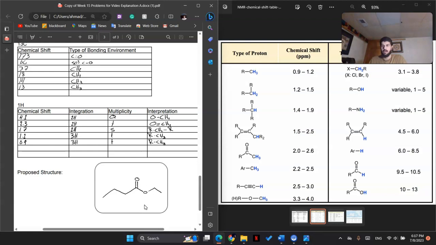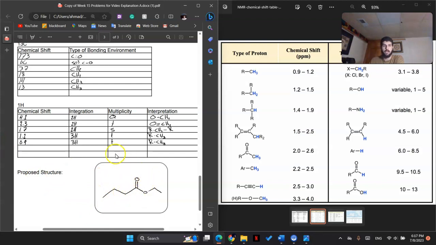Therefore, it would have a higher peak than that further away carbon, just because of the electronegativity pull from the oxygen. And that one is a triplet because the neighboring carbon has 2 hydrogens. And finally, we have a 0.9 indicating the final CH3 that we have here, which is also a triplet because of the neighboring carbon, which has 2 hydrogens as well.